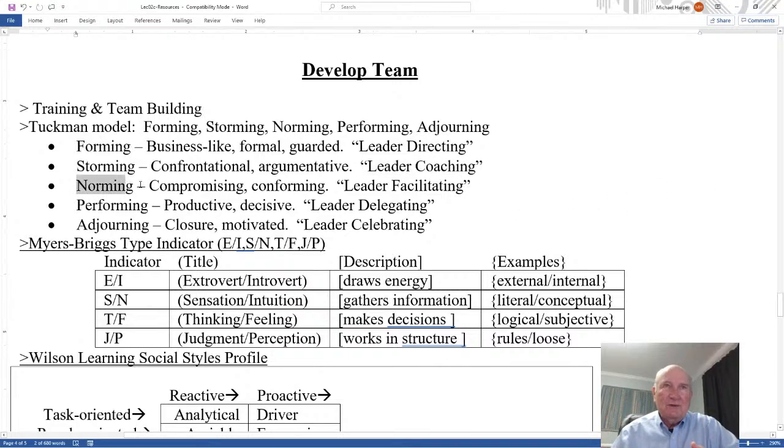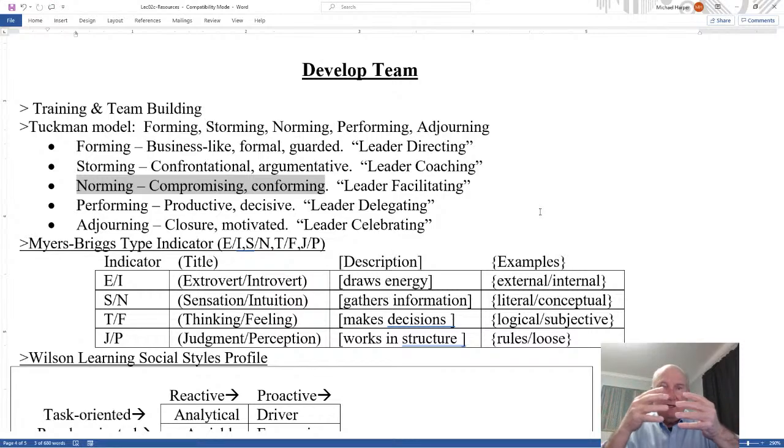The norming is compromising, conforming, and here's, okay, we have all these differences. Now we have to get this done, okay? And if we're going to fight, one side has to agree to the other side, and if we're not really norming, compromising, conforming, then we may never get anything done.